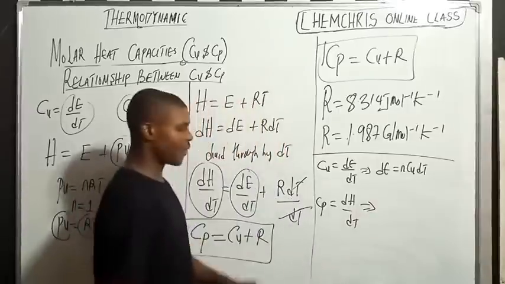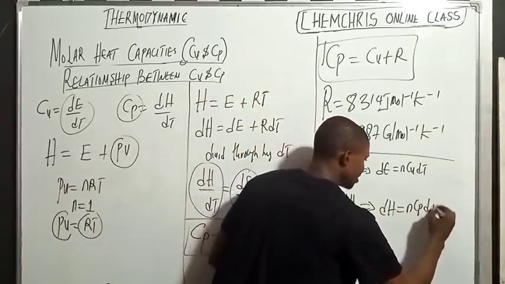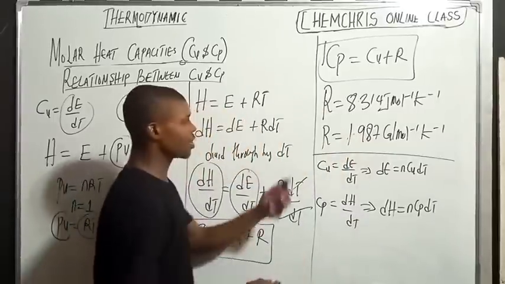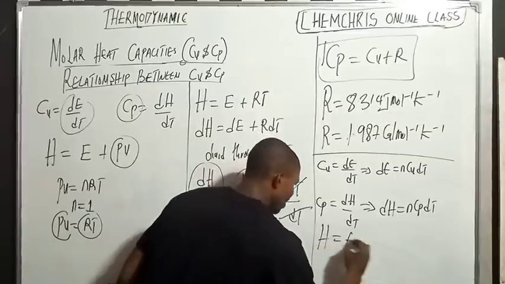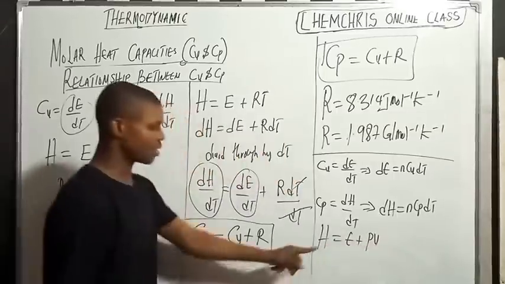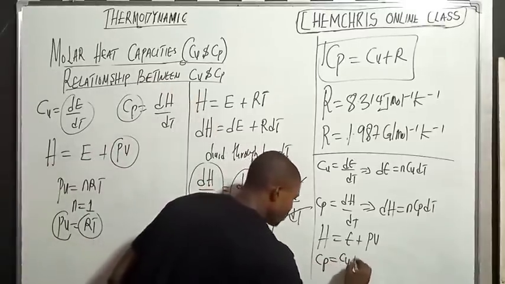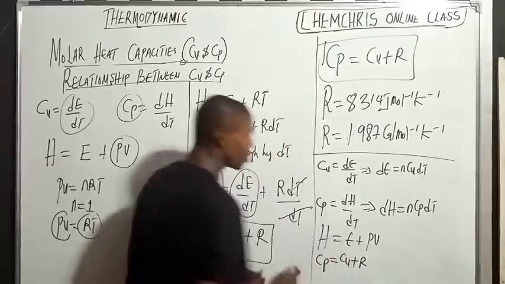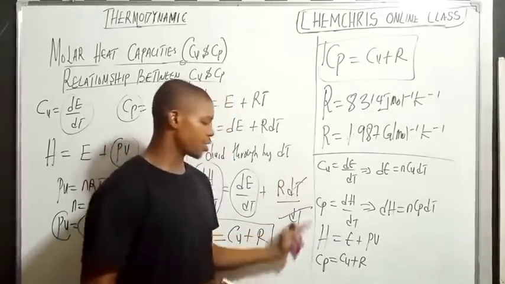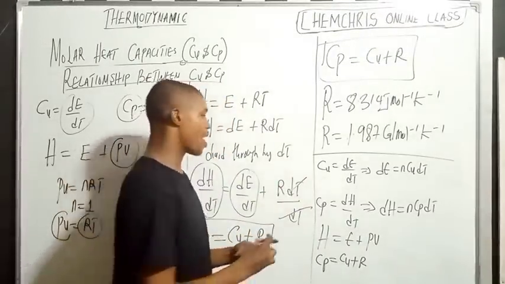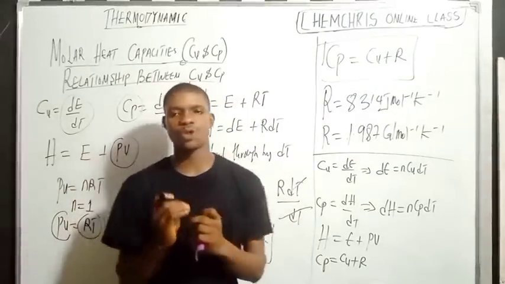So later we define that change in H equals nCP change in T. We also derive that H equals E plus PV, very important. Then the last one we derive is CP equals CV plus R, very important. So these are the 1, 2, 3, 4 formulas we are using in calculating questions under this topic. So pay close attention there.